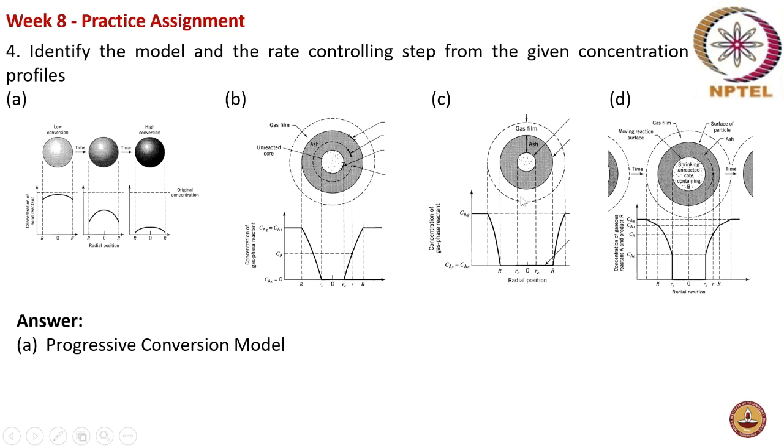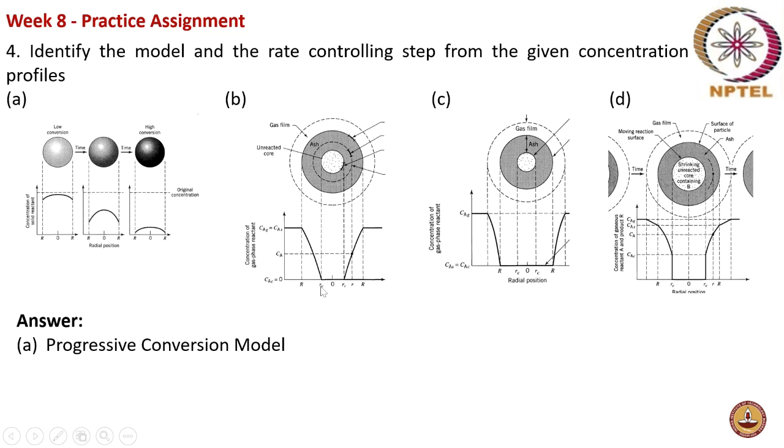The second, third, and fourth one, as you could observe, you could see an ash layer, a gas film, and an unreacted core in all these three, right? So these three are representing the shrinking core model with different rate controlling steps. So in figure B, you could see that the concentration of the gas is maintained till the beginning of the ash layer, whereas in the ash layer there is a drop in concentration, and as soon as it touches the unreacted core, the reaction occurs spontaneously and the concentration goes to 0.